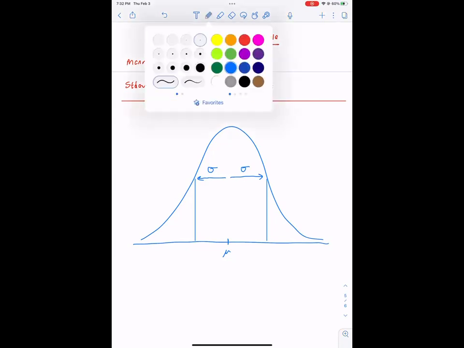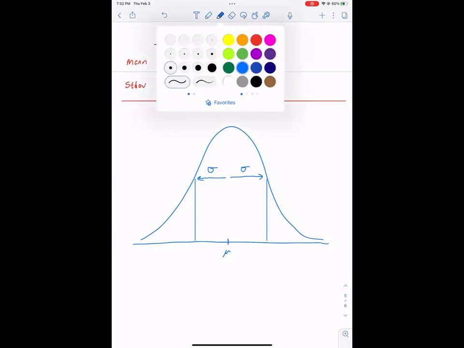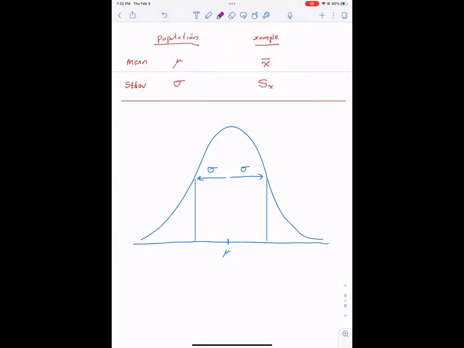Anyways, question for you, and do not answer this if you already know the answer. We know that the total area under the curve has to be 1. Otherwise, it's not a valid distribution in general.